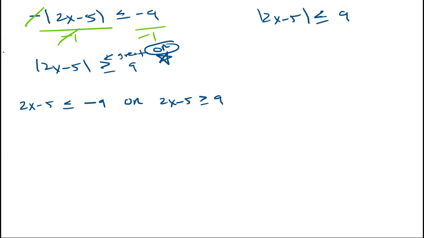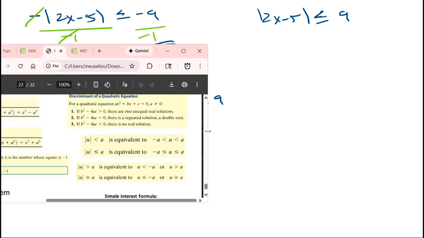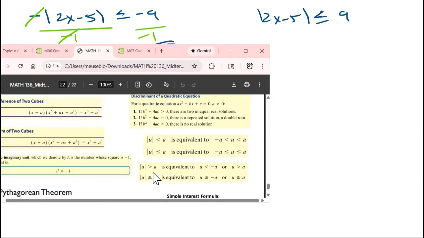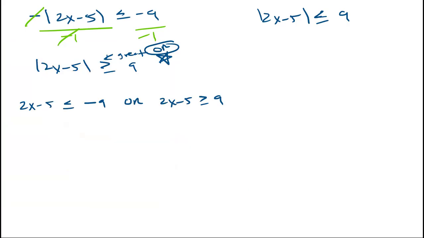And you have that here in the formula sheet. It says it right there. If it's greater than or equal to, you're going to have two separate equations. All right, and then I just solve. I just want to stress that.